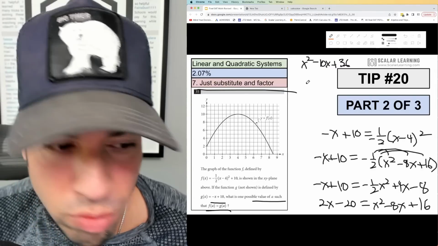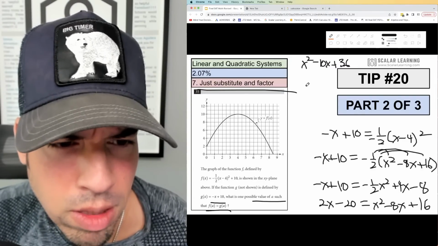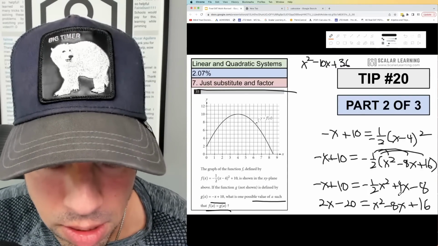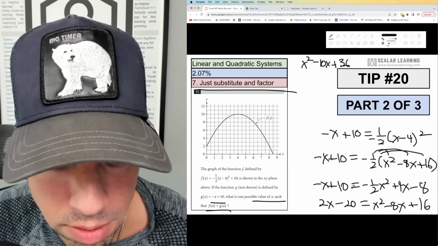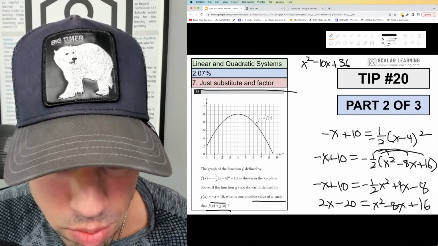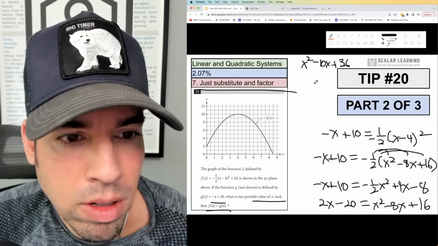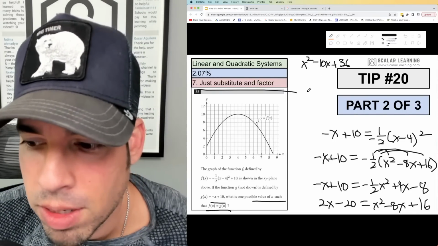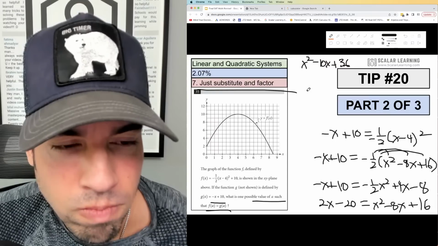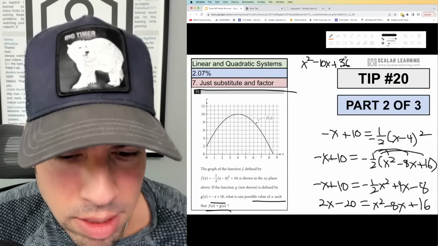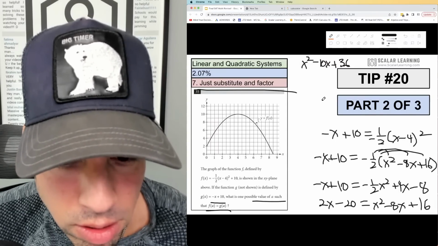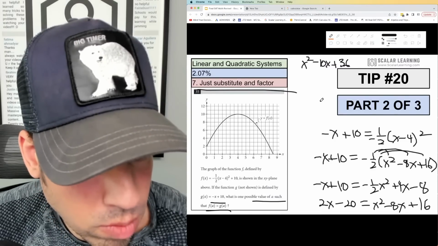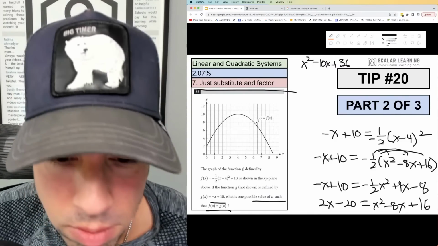Wait, 12, 3. But then that would be 36. Wait, did I make a calculation mistake here? Negative x, it wouldn't be negative 9x, right? It'd be negative 10x. Minus 12 minus 3, both negative adding to negative 10. Wait, hold on a second. Something went wrong. Oh, I forgot the plus 10. There you go.